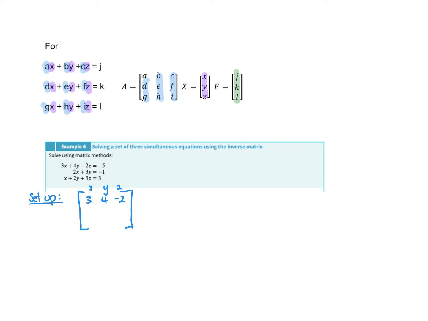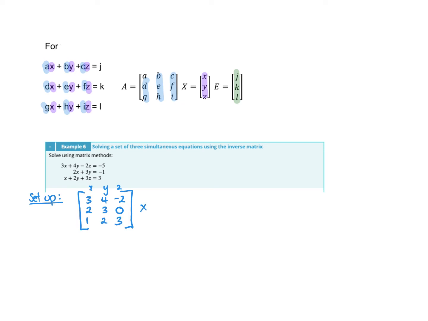In the next equation, x is 2, y is 3. Now there's no z, so when there's no letter there, you put a 0. And in the last equation, x is 1, y is 2, and z is 3.